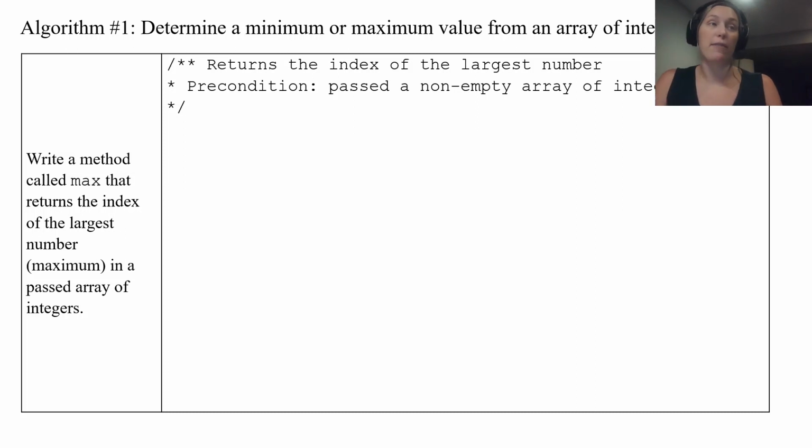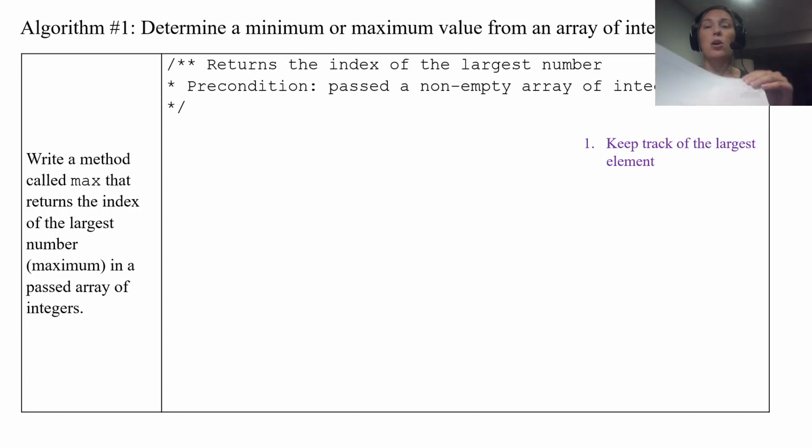So you don't have to check for this; that is what the precondition means. A lot of the time you'll want to check that precondition on the AP exam to see what you do not have to check, or what maybe you do need to check for. This time we don't have to check for it.